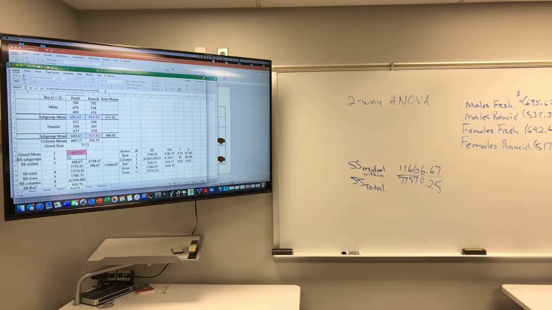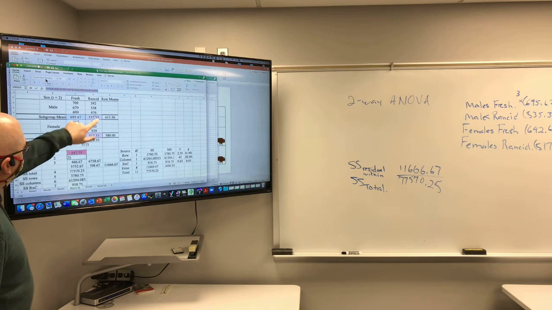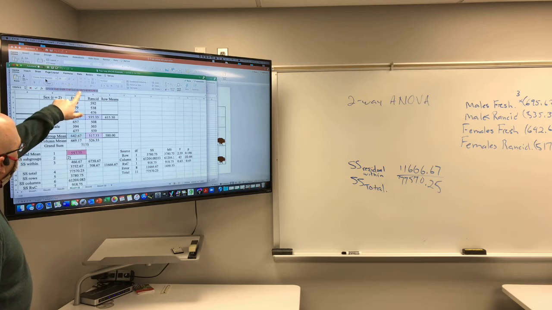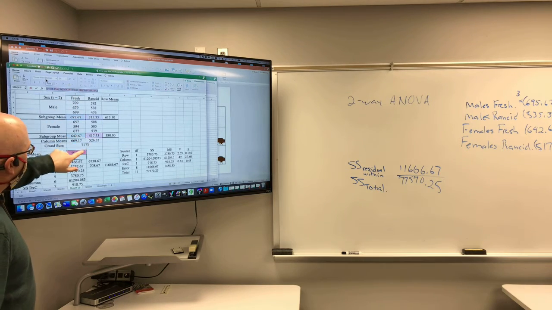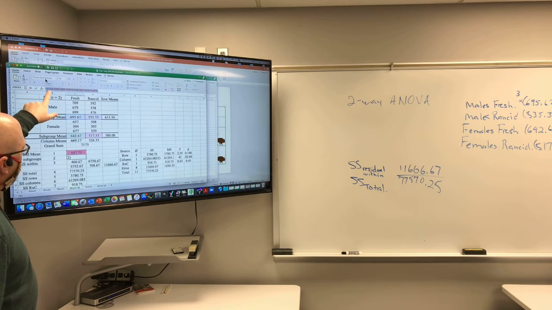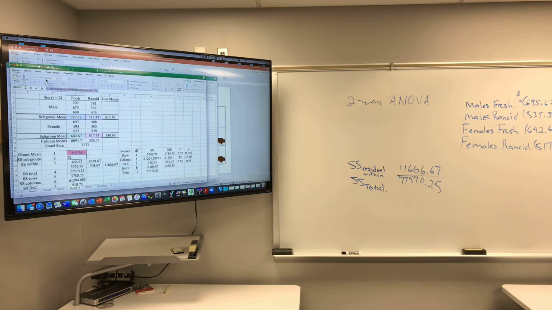So if you look at this equation, it's the sum of this minus that squared plus this minus that squared plus this minus that squared, this minus that squared, all multiplied times 3 is what gives you the subgroup means.